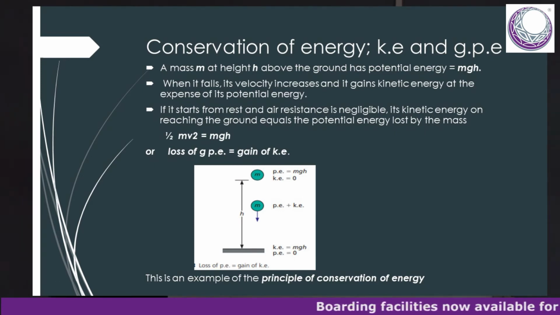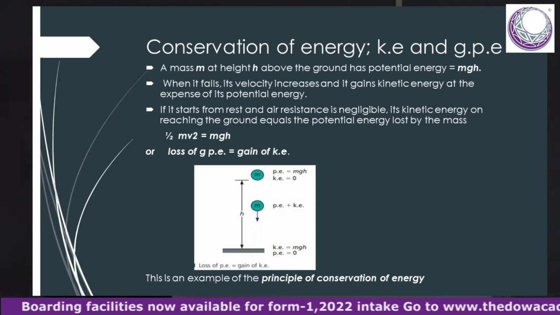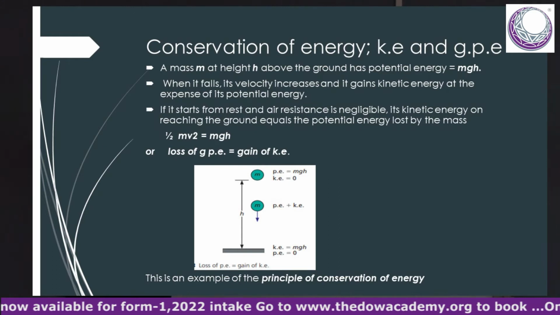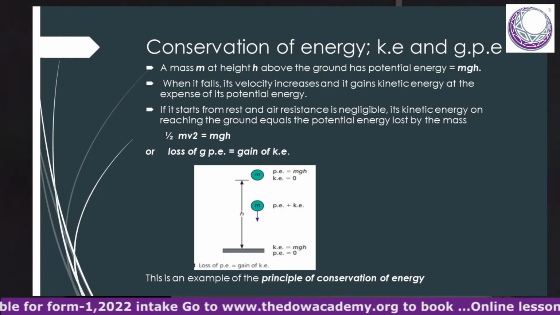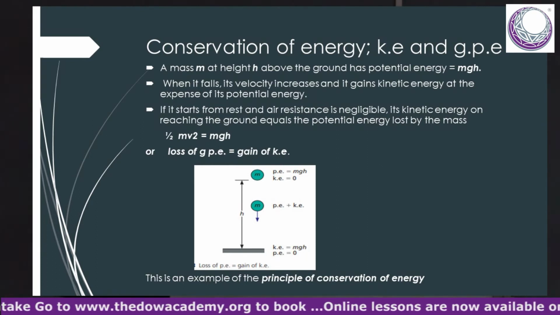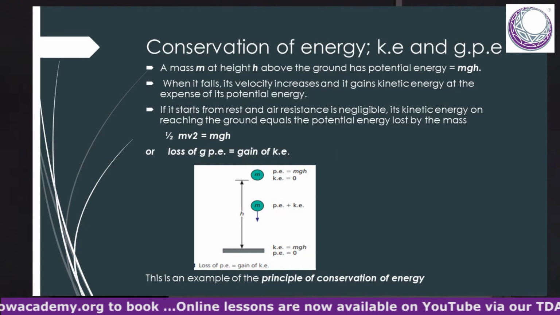You will be required now to do calculations based on this idea that energy is conserved. On hitting the ground here, you are required to find the speed or the velocity of the mass on hitting the ground. And you see that you don't have the KE, because the formula which has speed is the one for KE.